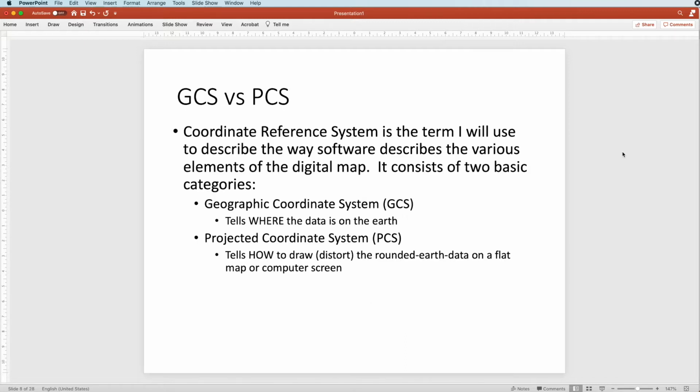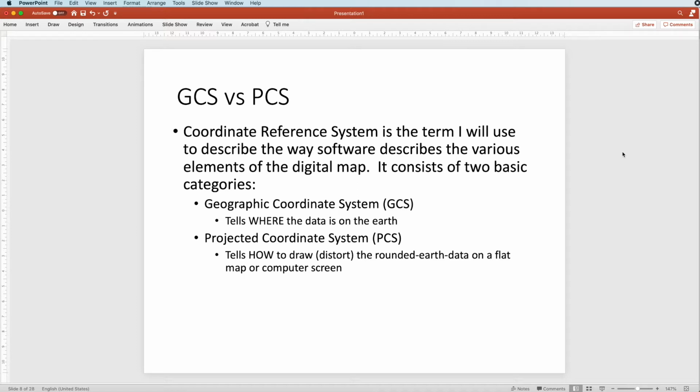First thing I want to talk about is two terms, GCS and PCS. GCS is going to stand for Geographical Coordinate System, and PCS is going to stand for Projected Coordinate System. And it's kind of important to understand these two to some degree. I'm going to use the term coordinate reference system to describe the combination of both of these things.